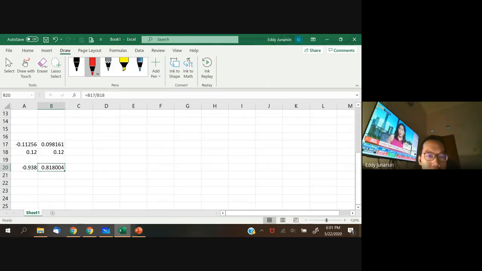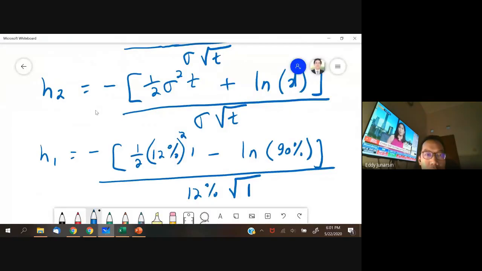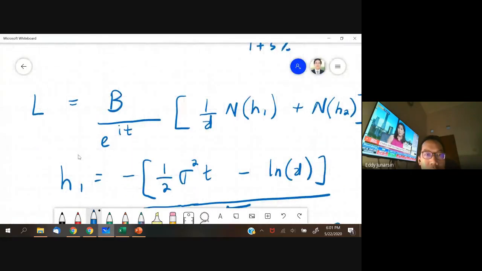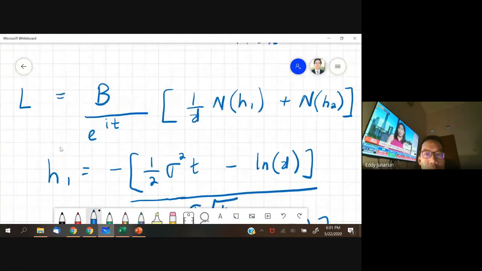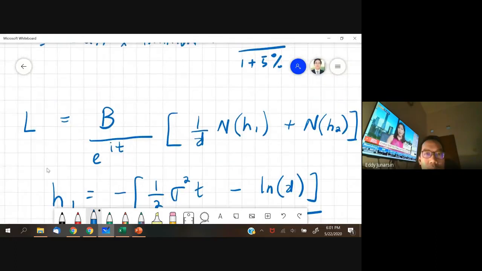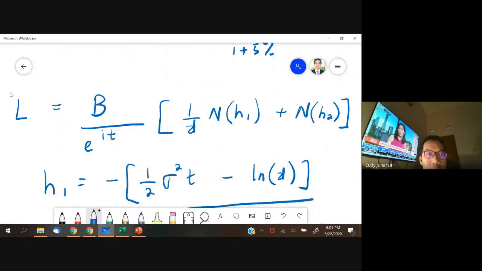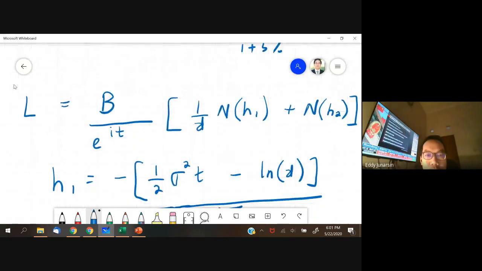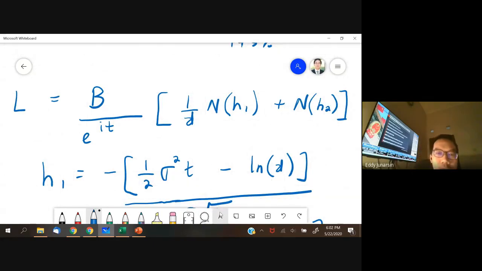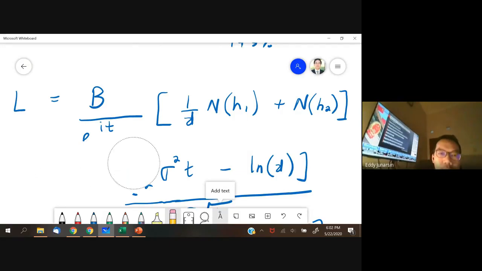Right, H1 and H2. So now we can calculate this one. So now the borrowing, maybe I will move this. So we don't need the H1 anymore.